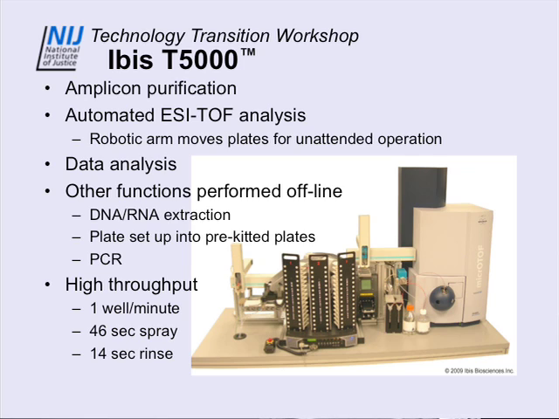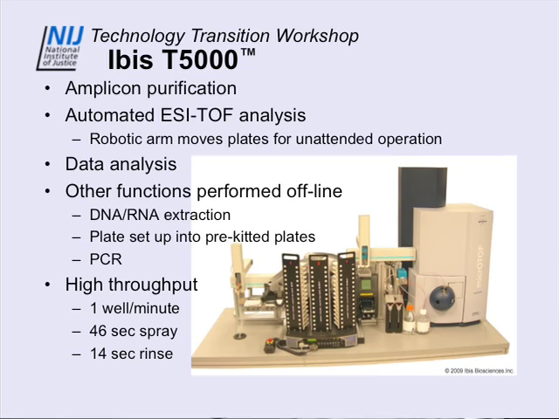This is a T5000. Basically what it does is takes amplified DNA products, it purifies them, it removes all the salts and dNTPs and polymers that prohibit mass spectrometry. It's fully automated. The robotic arm moves plates around from the desalting module to a heat sealer to the mass spectrometer.